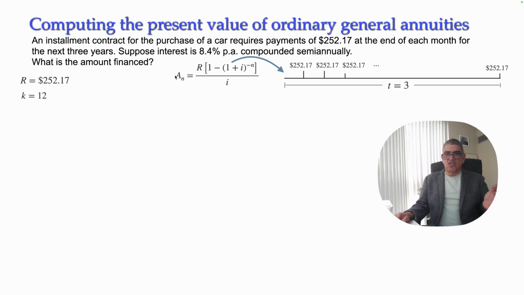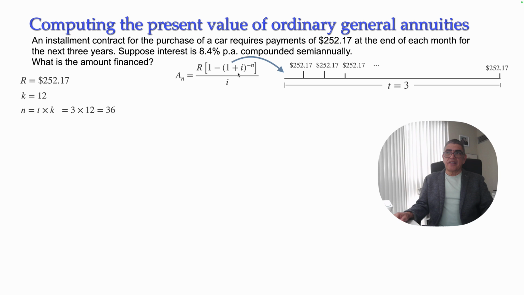N is actually the total number of payments. There are 3 years, so n equals the time in years times the number of payments per year, 3 times 12 equals 36 payments. So now we know n, and the only thing missing is the periodic rate of interest.